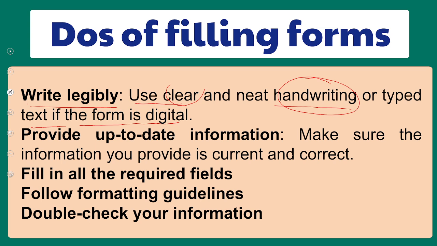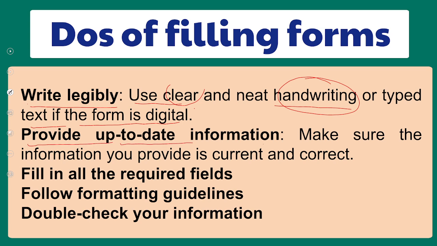Do not use your normal, regular handwriting. If it is bad, then practice it and focus on the form and fill it out according to your best handwriting. Or if it is in typed form, then you have to type the information and also check it. So write legibly.